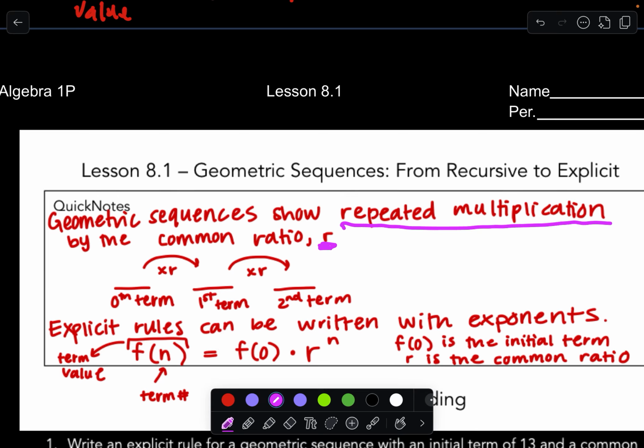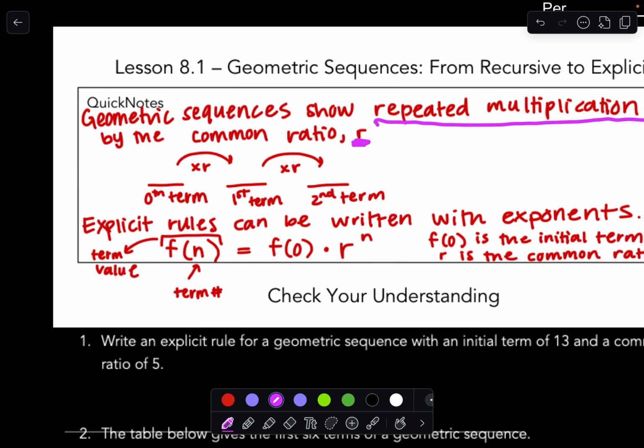And the way we write this would be recursively. This is the recursive. This is where I give you a starting value, a sub 0 equals a number. And then a sub n equals a sub n minus 1 times r.